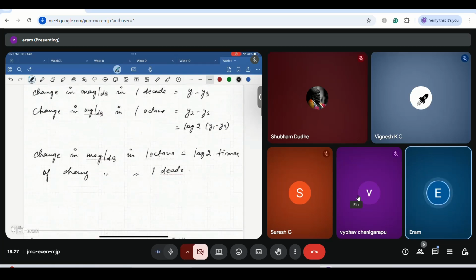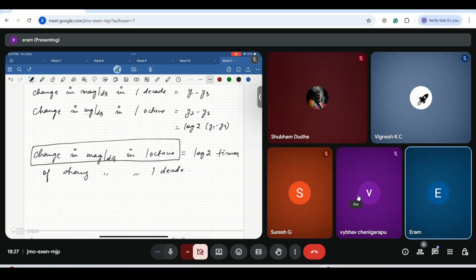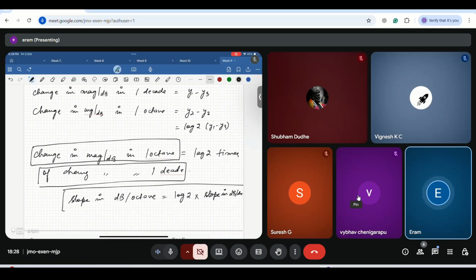So what is the conclusion? This is nothing but the slope in dB per octave, and this is nothing but the slope in dB per decade. So there is a relation of log 2 times the slope in dB per decade, right? So if anything is given to you in dB per decade, you just have to multiply it with log 2. You will get the value in dB per octave.